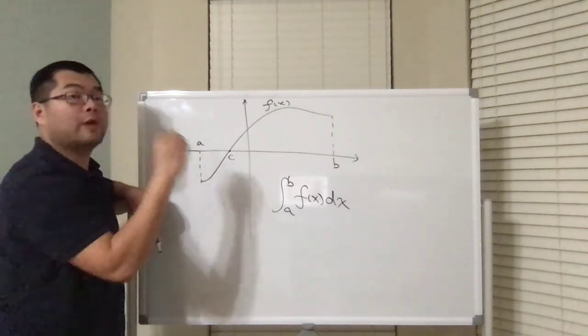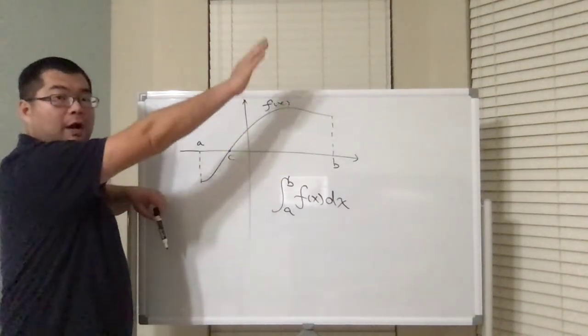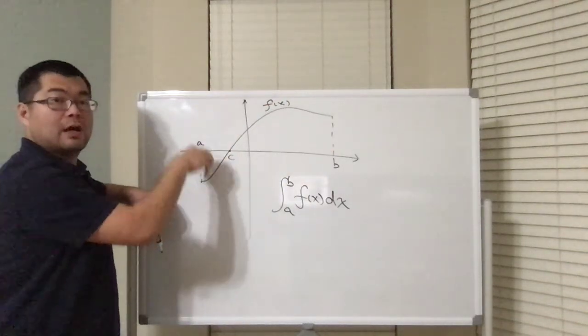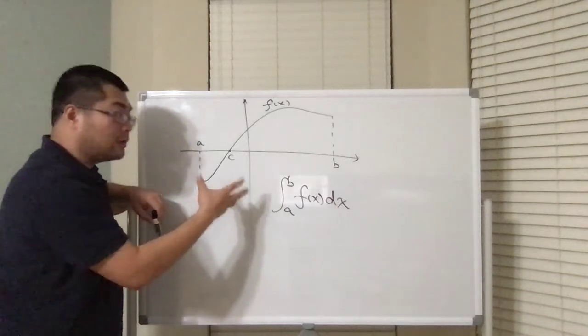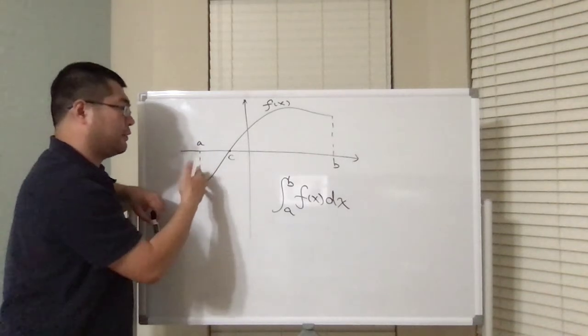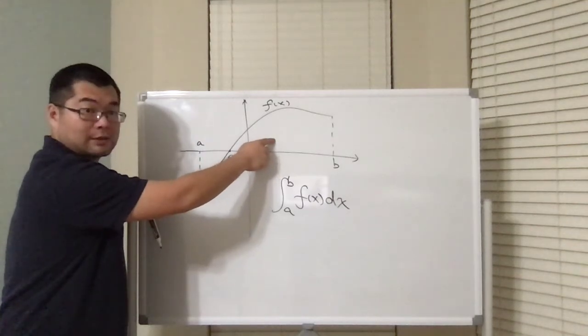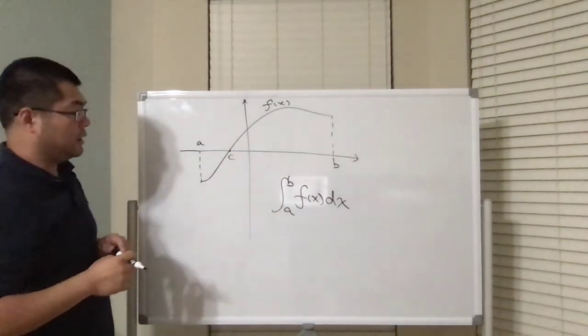Or by the definition, if it's above the axis, area is positive, and below the x-axis, area is negative. This part we already treated as negative, and this part is positive. So that's the definition.